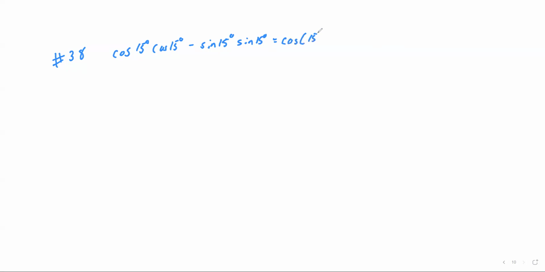So that's going to be 15 degrees plus 15 degrees, which gives me cosine of 30 degrees. And at 30 degrees, which is located right here, that would be square root of 3 over 2, comma 1/2. Cosine being x, my answer would be the square root of 3 over 2. All right, so let's do another one.